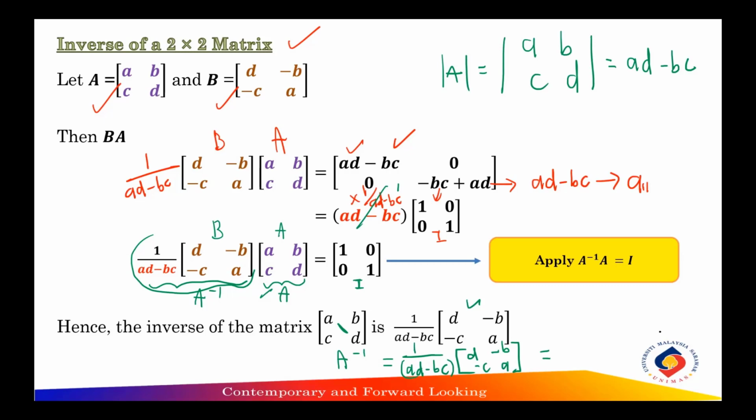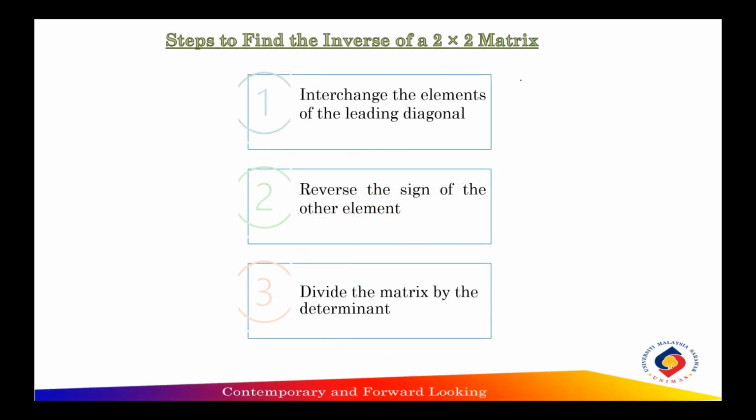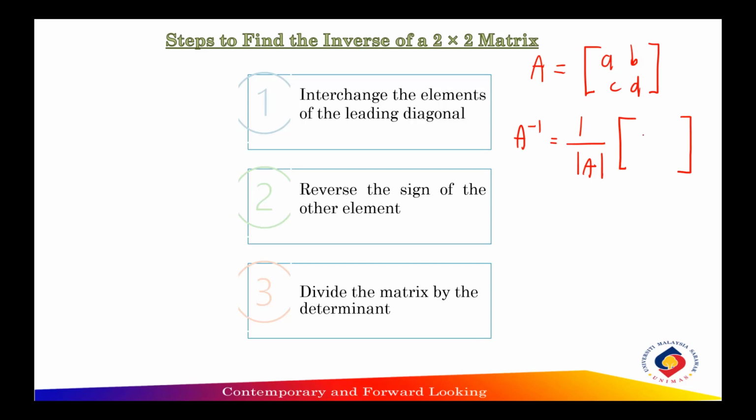And then what we can say from these equations is that the inverse matrix is equal to 1 over the determinant of matrix A multiplied by the matrix with elements D, negative B, negative C, and A. So to find the inverse of a 2 by 2 matrix in general, when you are given matrix A with elements A, B, C, D, the inverse of matrix A is obtained by finding 1 over the determinant of matrix A, multiplied by a 2 by 2 matrix.